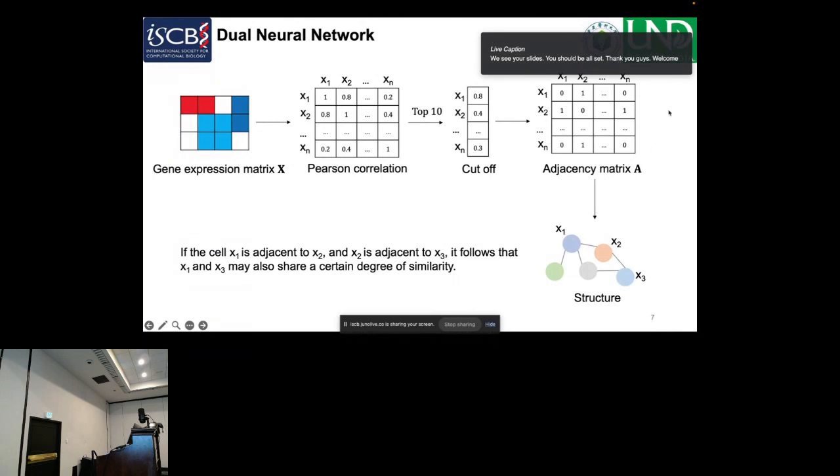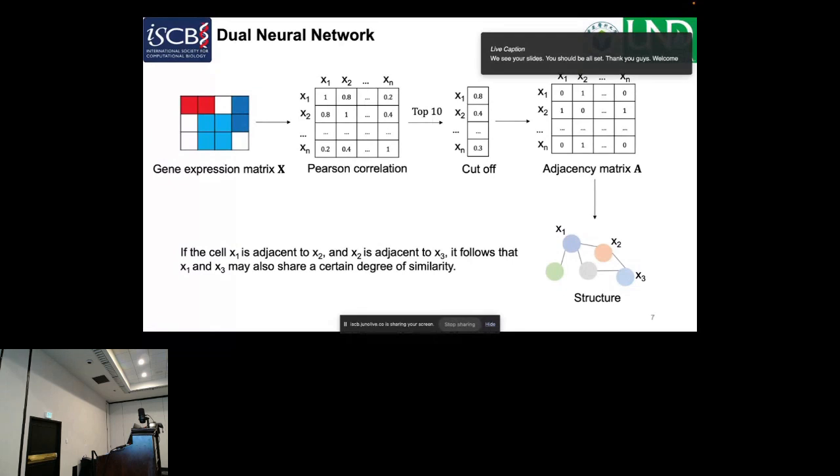So based on this adjacency matrix, we generate a graph representing cell relationships. And we propose that if cell x1 is adjacent to x2 and x2 is adjacent to x3, this means that x1 and x3 may share a certain degree of similarity.